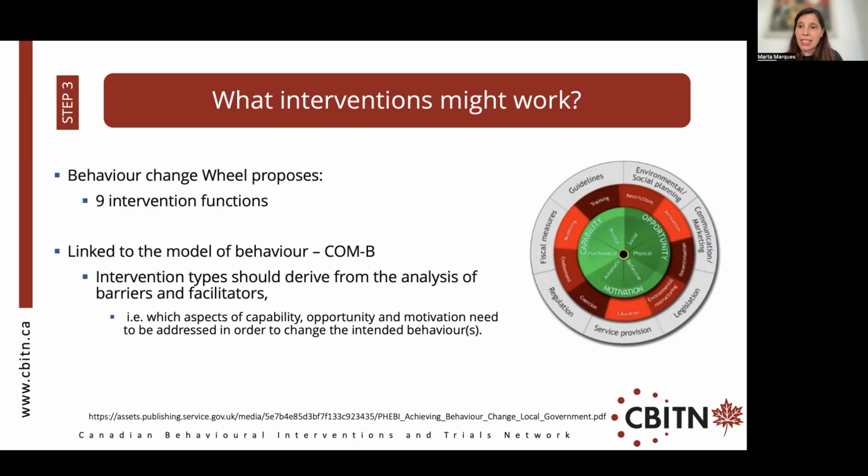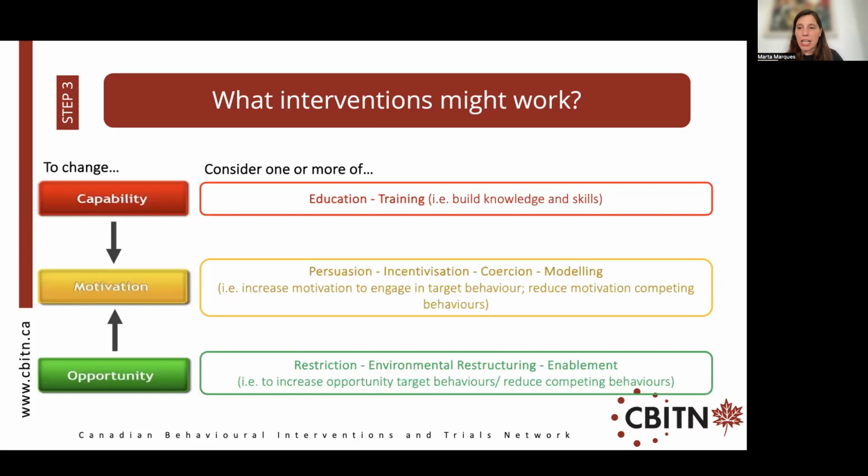It is expected that you do the desk research and consult with your target population and with the stakeholders to identify, from the types that we have access to, which ones are actually more effective for that behavior, for that context. As I said before, within the behavior change wheel, there is a clear link between the COM-B model and the types of interventions. You need to identify which types of interventions match each aspect of the COM-B model.